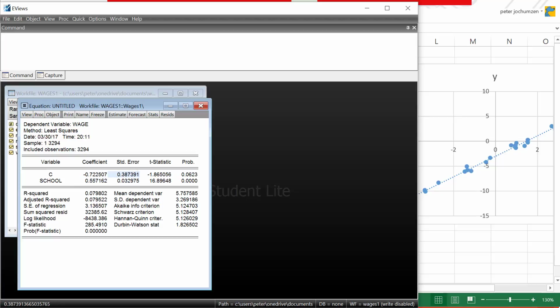It measures the uncertainty of this estimate. Just as an example, you can clearly see that this estimate of the intercept is way more uncertain than the estimate of the slope. The standard error is much higher here than here. A low standard error is what we're looking for because that means nice precision.